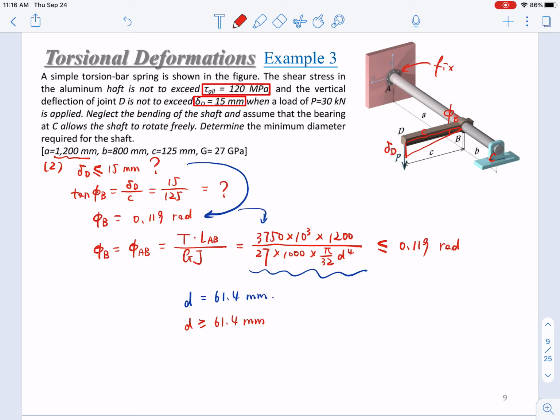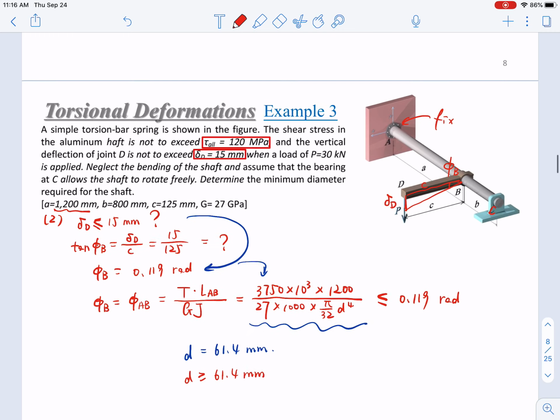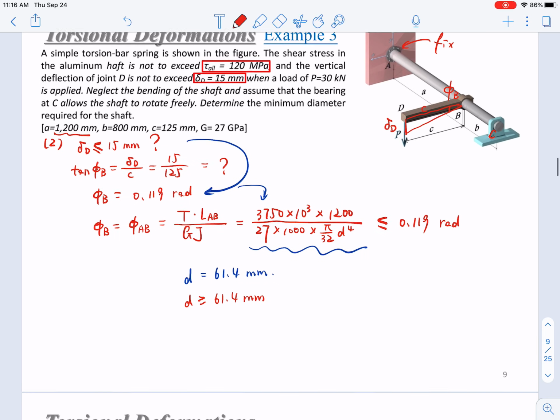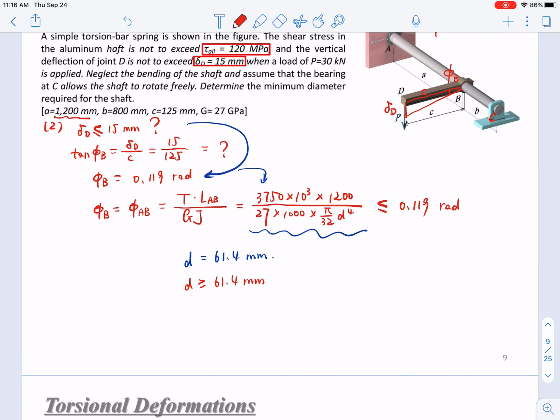Okay, so from these two criteria, we got 2 results. From the first one, we got D has to be larger than 54.2, and from the second criterion, it's larger than 61.4. So which one will we take as the final result? We will need to use the larger one, right? So the maximum value of 54.2 and 61.4, that is 61.4 millimeter.